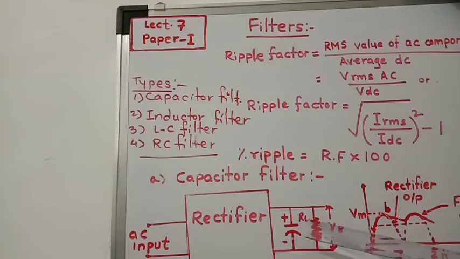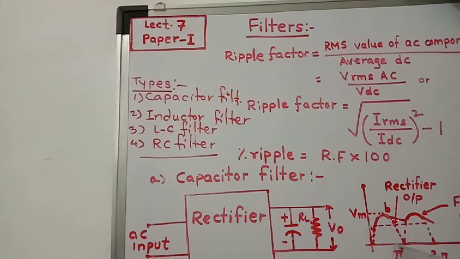When it starts discharging, its voltage goes on decreasing, developing the voltage across the load resistance, because it discharges through RL. Therefore, as the current flows through the load resistance RL, it produces the DC output voltage.